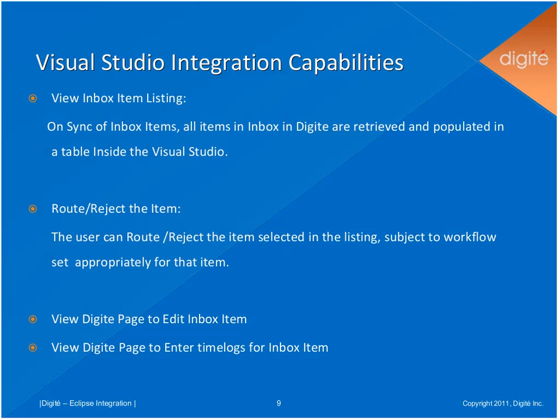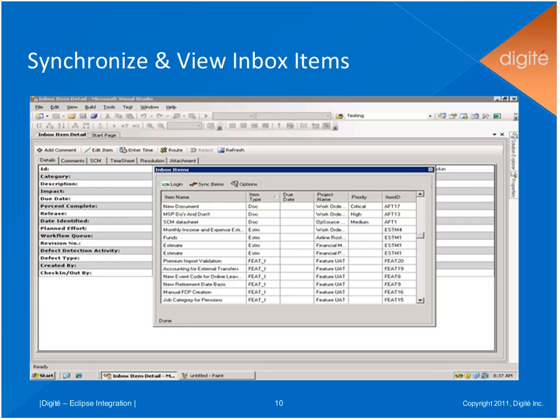So as you can see in these screenshots, the developer can log into the application. He can synchronize items which are present in Digite for his account, and then go about routing or working on his files and then routing them, and also logging time or editing these items directly from the Digite environment.